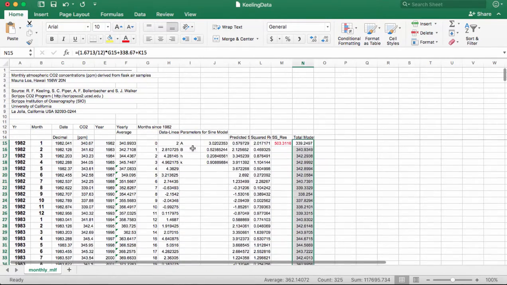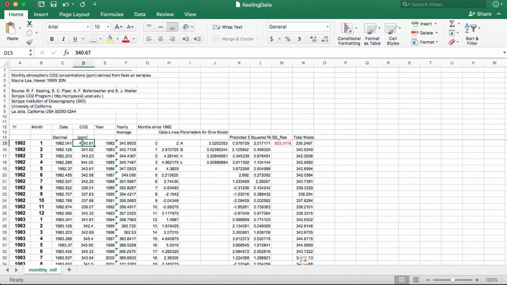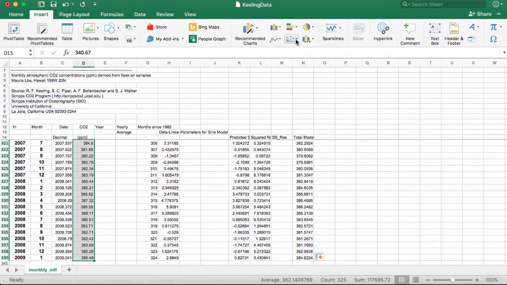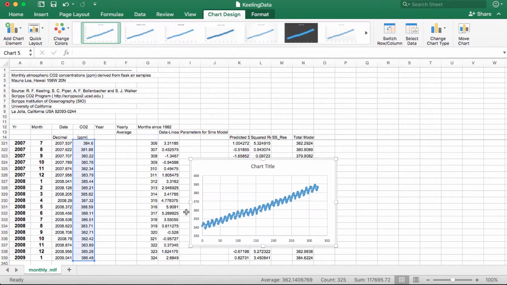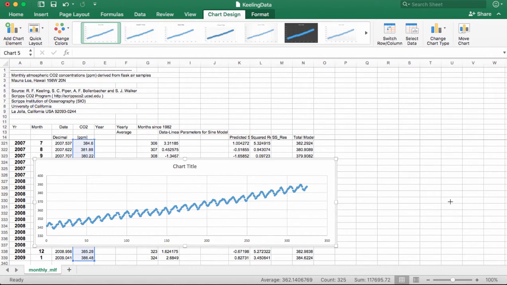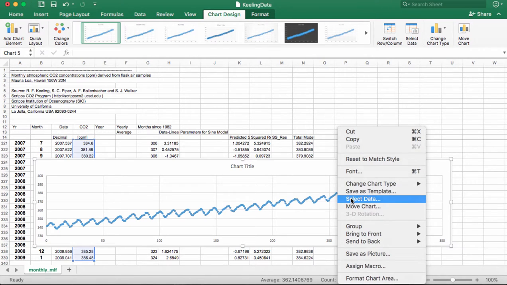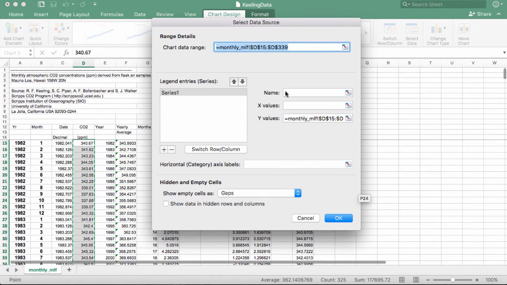And now let's plot all of the data against all of our predicted data. So I'm going to grab all of this, insert scatter. Again, I'll want to maybe stretch this out a little bit just to make it easier to see what's going on. To this, I'm going to add our predicted stuff.